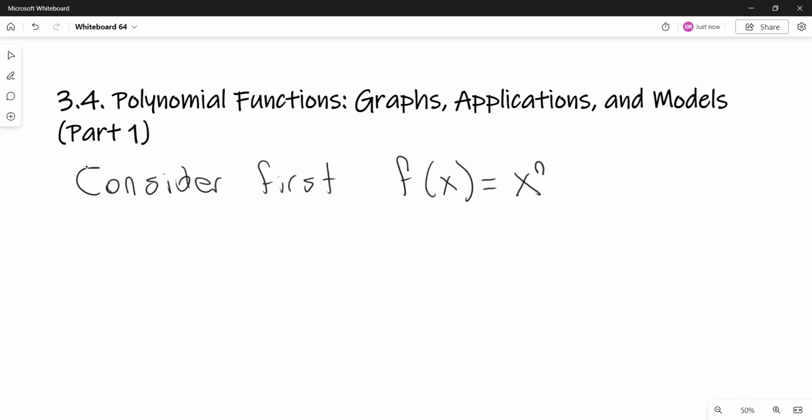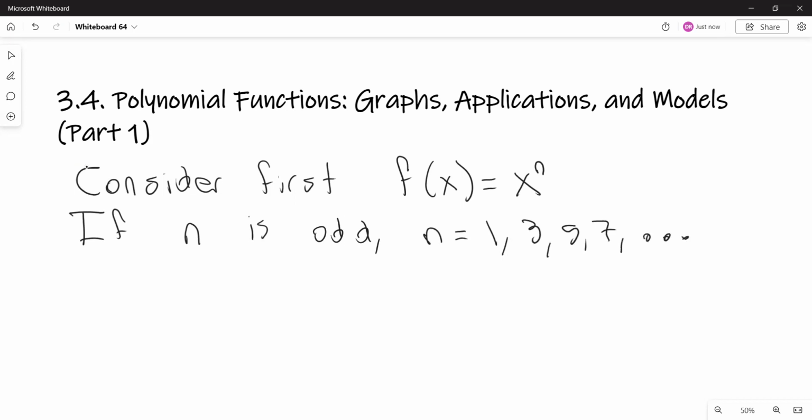We're going to see what happens if n is odd, that is, when the power is either 1 or 3 or 5 or 7, and so on. So I'm using a graphing calculator for that.